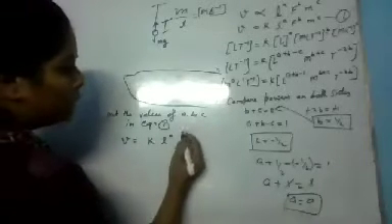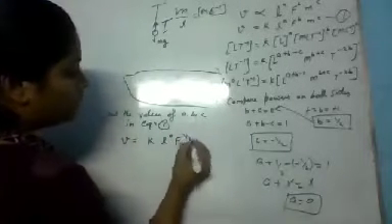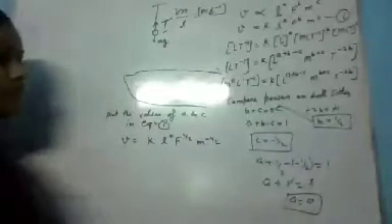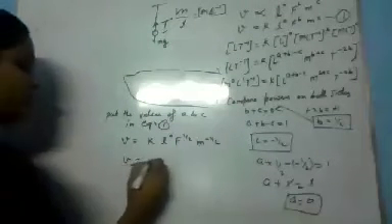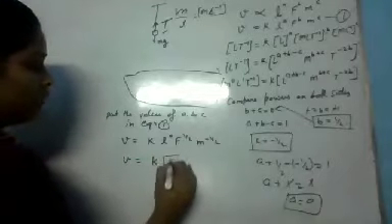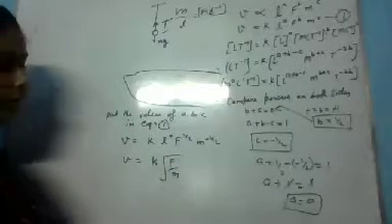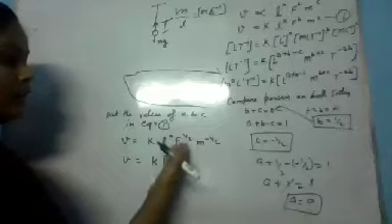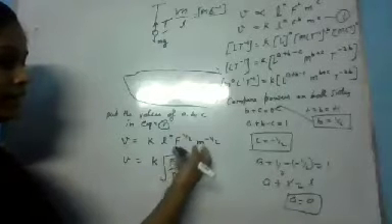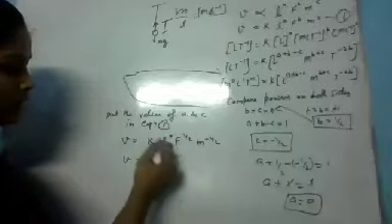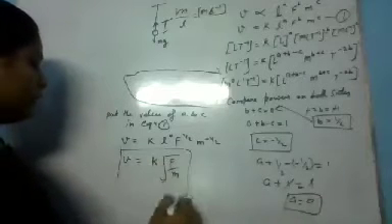Now, F to the power B, that means 1 by 2. And M to the power C, that means minus 1 by 2. So, V equals K under root F by M. L to the power 0 we can consider as 1, right? And F to the power 1 by 2, and just take this M into the denominator. So it will be M to the power 1 by 2. So under root F by M.